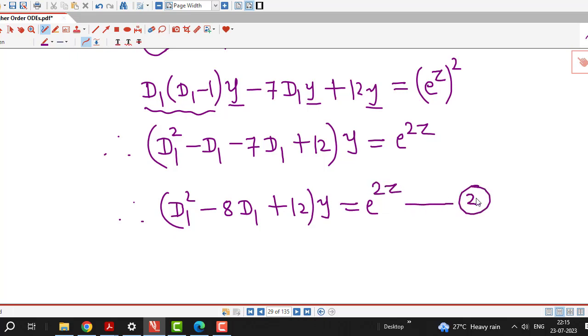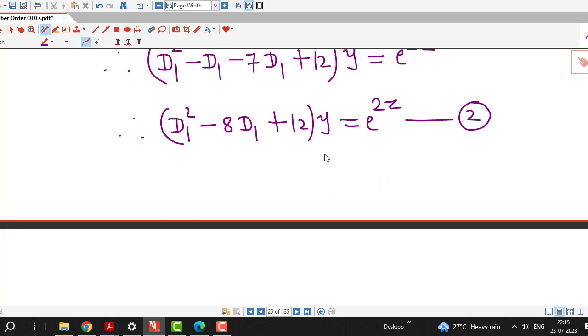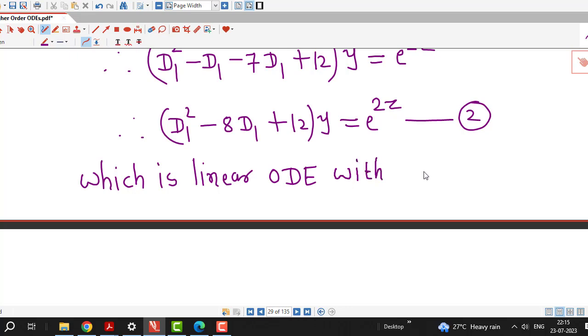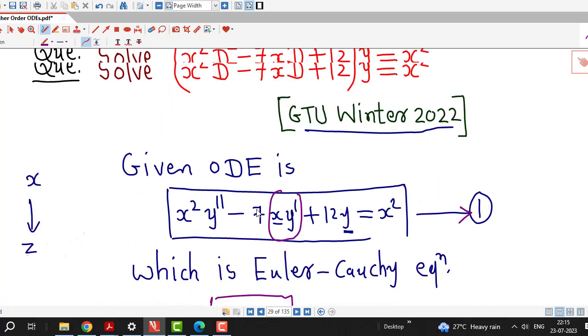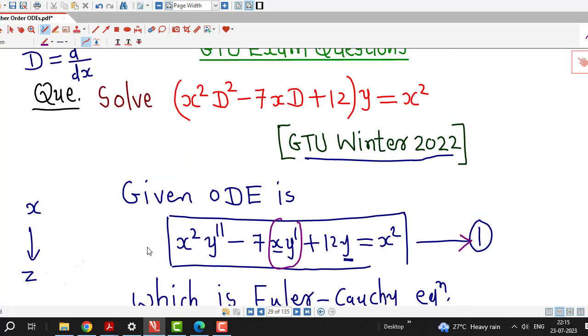We can see this is equation number 2, a linear ordinary differential equation with constant coefficients in the new independent variable z. The dependent variable is y, but the independent variable is z. The original equation was in terms of x and y, and it is not a differential equation with constant coefficients.